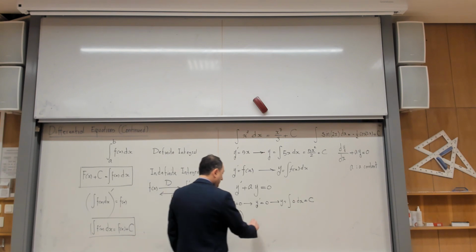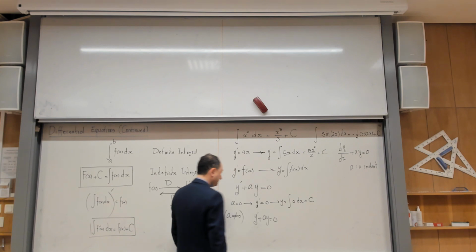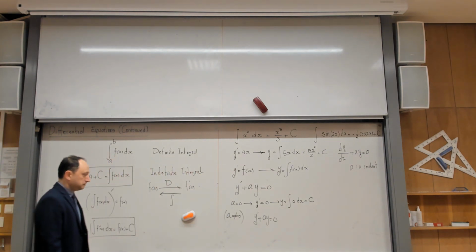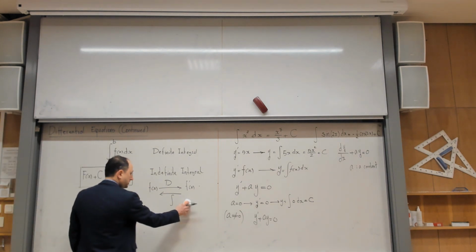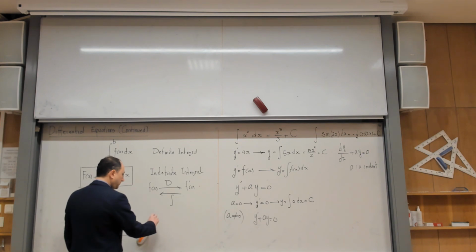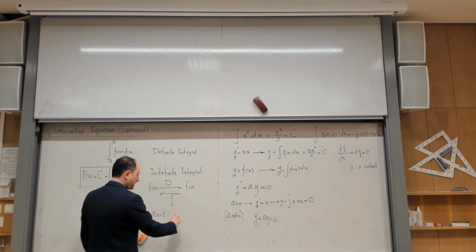We want to consider y prime plus ay equals 0. Let me ask you about one special case, because I think for this case you can guess. If I give you a equals -1, can you guess what the answer is?